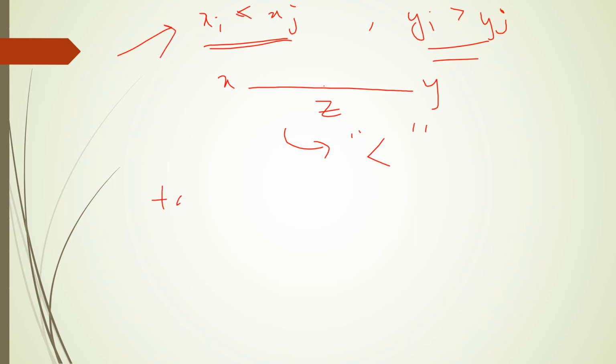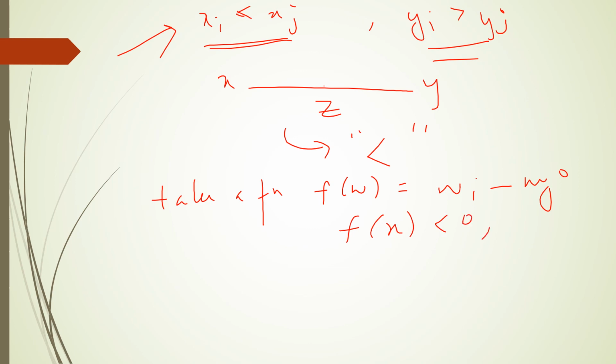Let's take a function f of w, which is wi minus wj. So now we know that f of x is lesser than 0, f of y is more than 0. And when we think that it's a straight line and you have zi minus zj, with x and y on the line, then we know that it has to pass through 0.